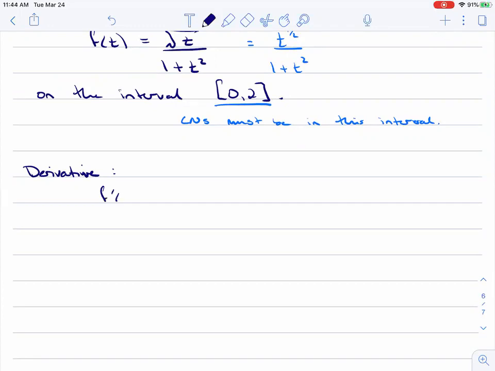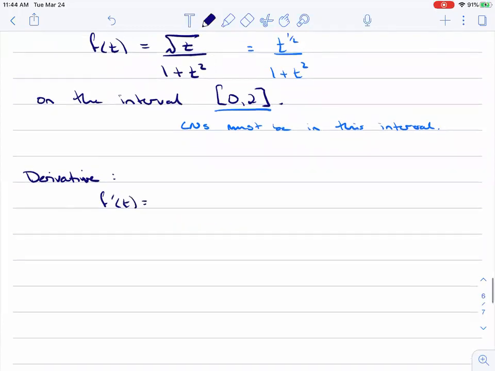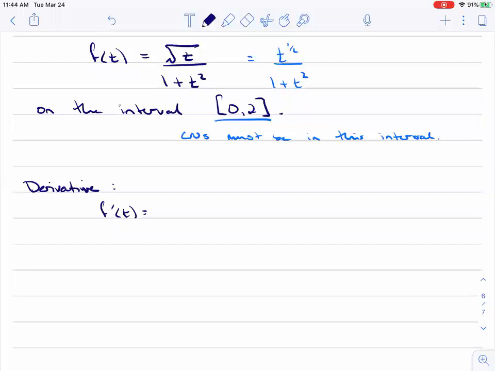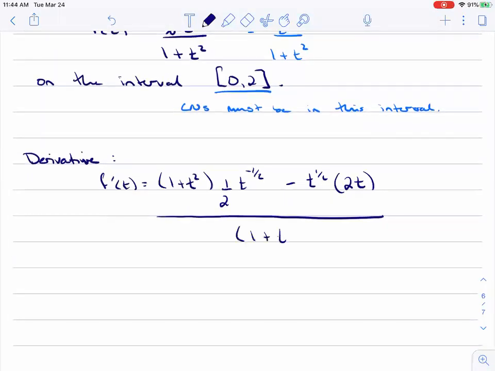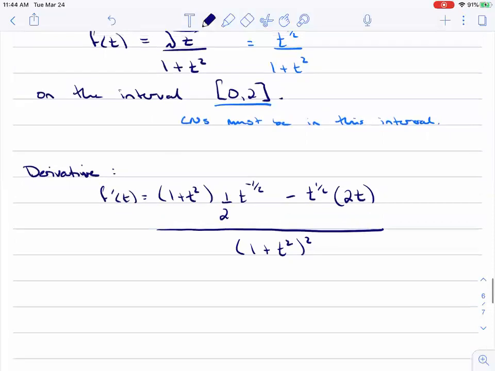Okay, f prime of t. Again, we've got this quotient rule, and I've got 1 plus t squared, and then t to the 1/2 puts me at 1/2 t to the negative 1/2, minus t to the 1/2 times 2t, all over 1 plus t squared, squared.